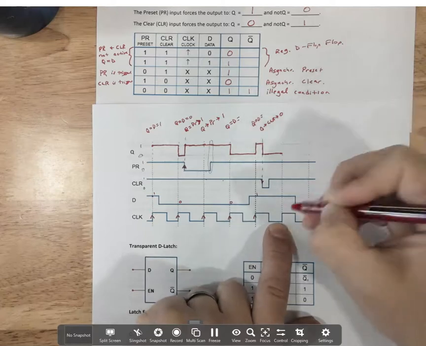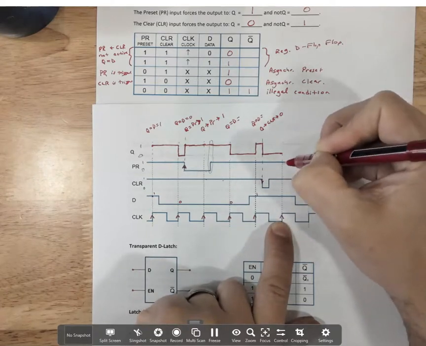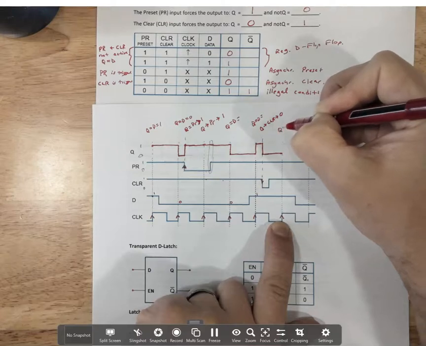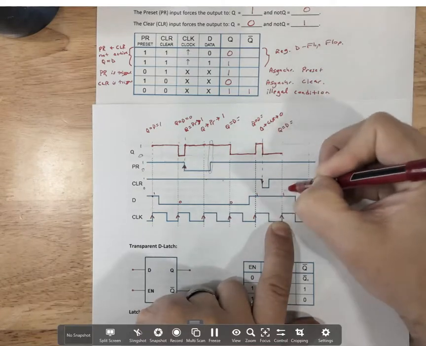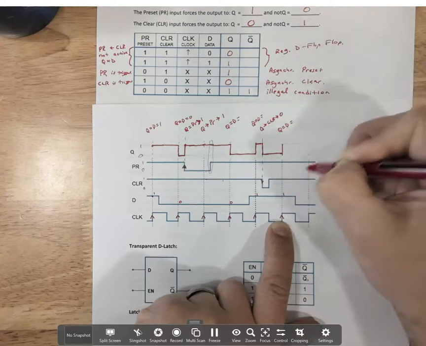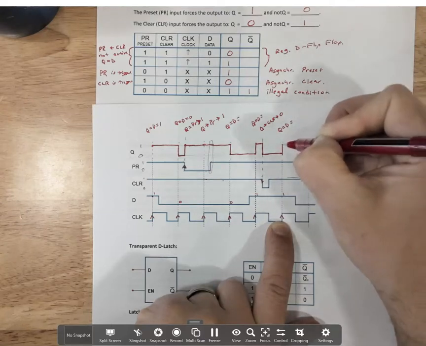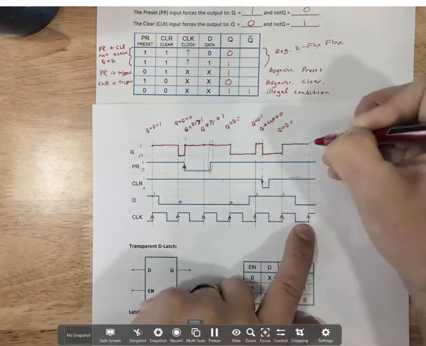Is that okay? And then on the next rising edge, preset and clear are both off, so now Q is freed up to match D again, and what is D? D is now 1, or still 1, so now Q can go back to 1. And preset and clear are not triggered in the next interval, so that 1 is going to be all the way through to the next rising edge of the clock right here.